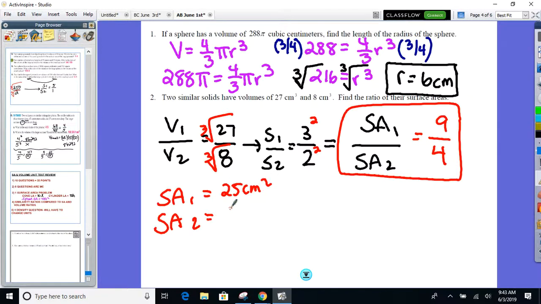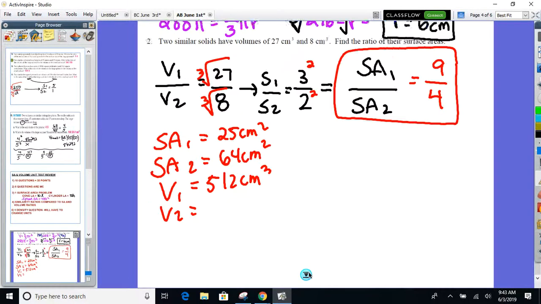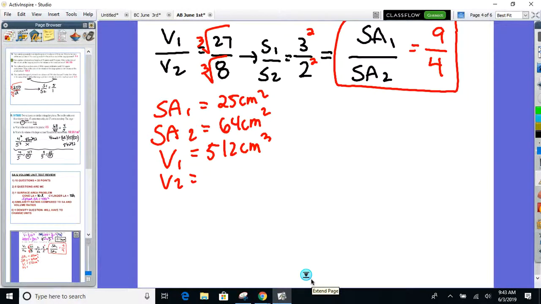Surface area of another is 64 square centimeters. The volume of the first one is 512 cubic centimeters. What's the volume of the second one? So expect something like that. You would take the square root of these, cube them, and then set it equal to 512, just as in your notes from Friday.